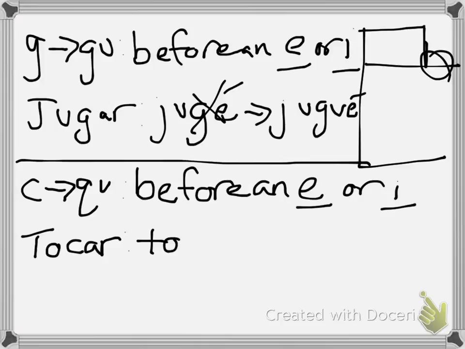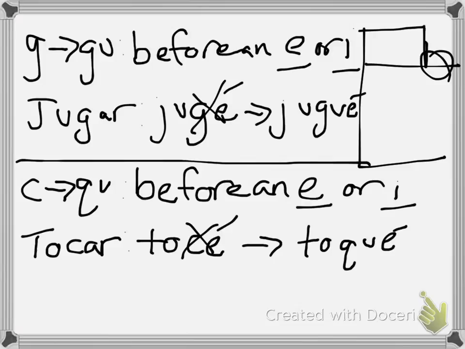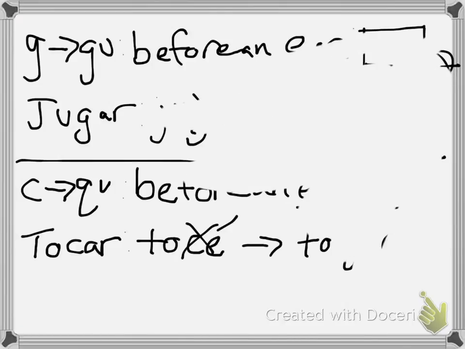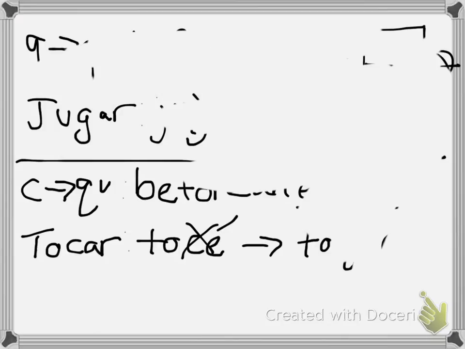So in the yo form, it would be like that, but we would pronounce that "tose," and Spanish just doesn't allow you to do that. So we change the C to a Q, put in a U, and keep the E. Yo toqué. There's 2 other spelling changes, but I'm going to get this all erased before we keep going.